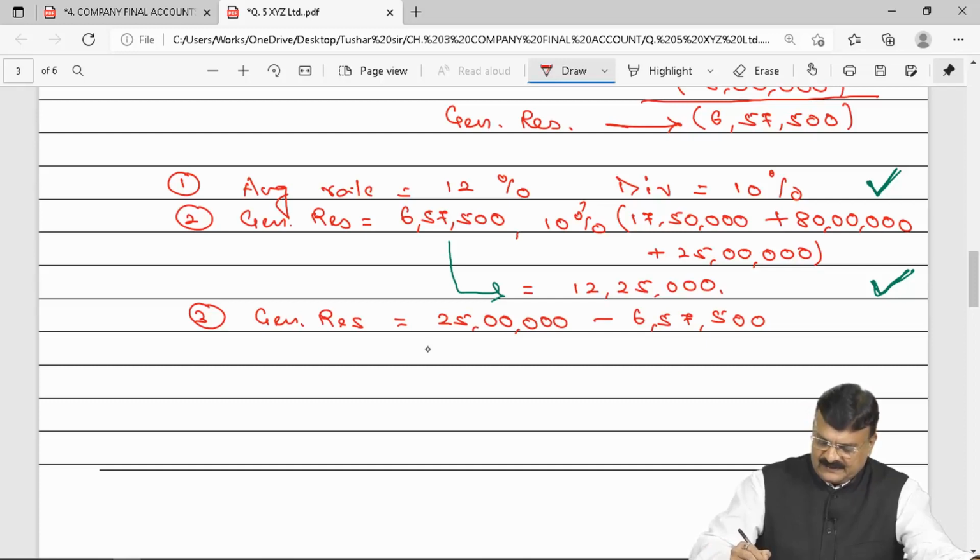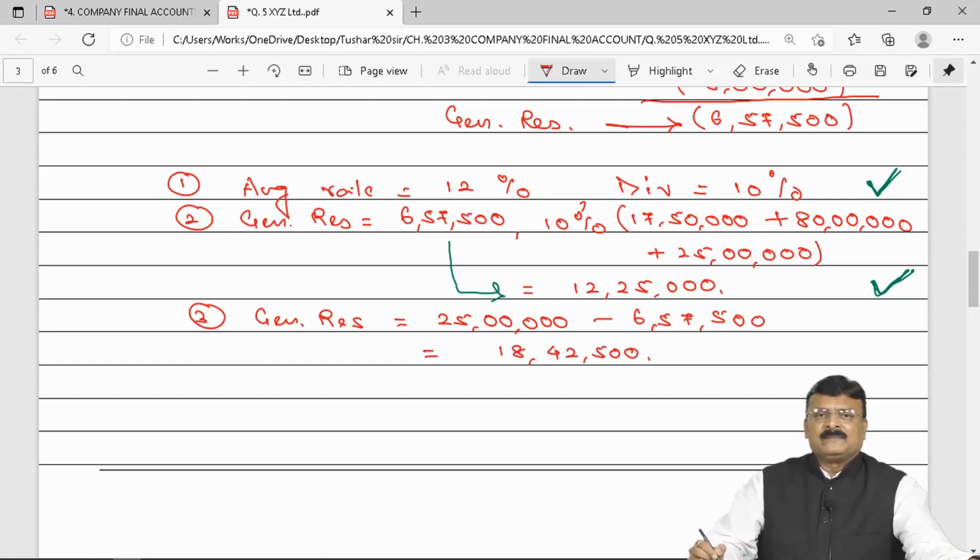What does this mean? The unused amount left after utilization is 1842,500. The question says that this 1842,500 should be at least 15% of paid up capital. Calculate.